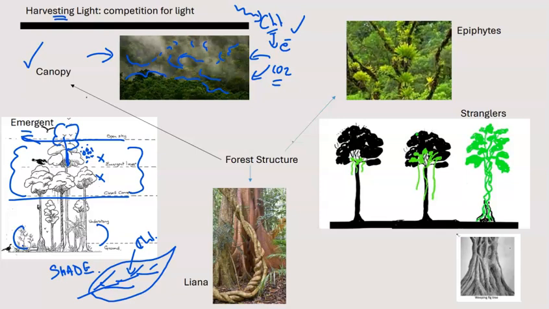Now, another strategy for obtaining light in the forest is not to compete as a tree, but instead to actually grow upon a tree. And this is what we call an epiphyte.